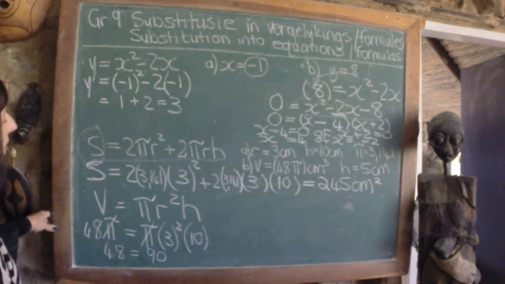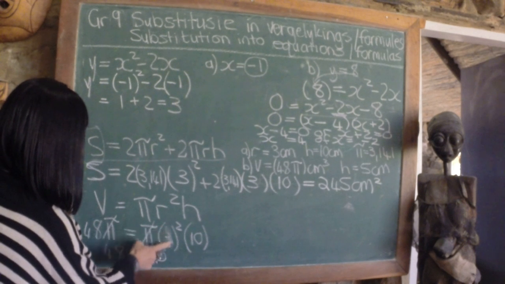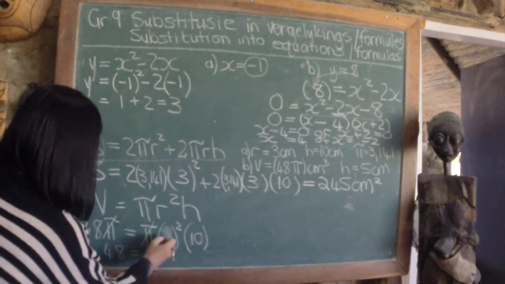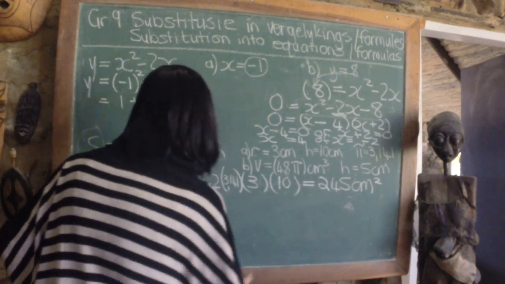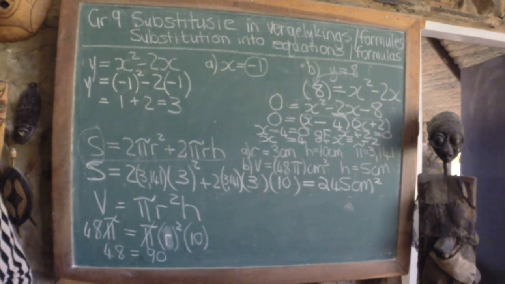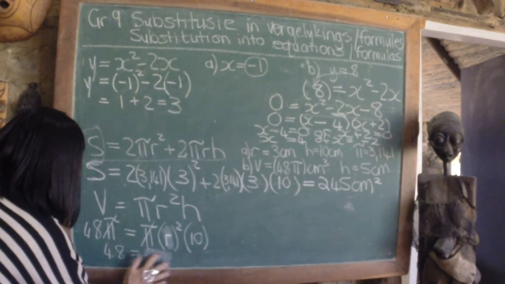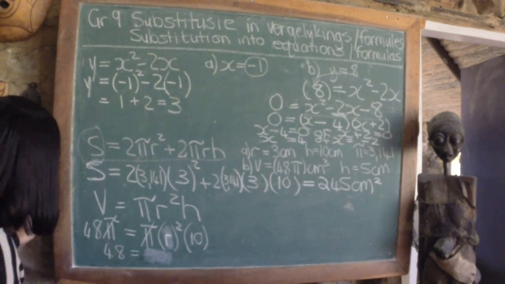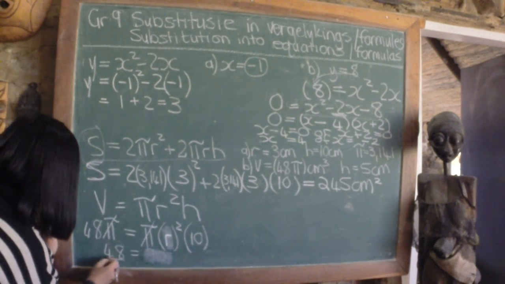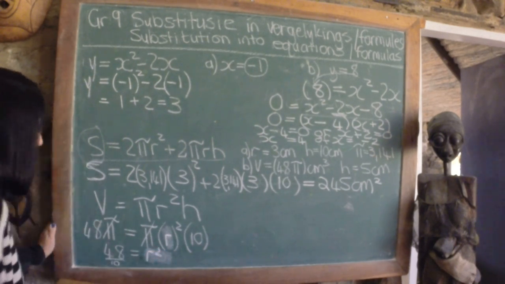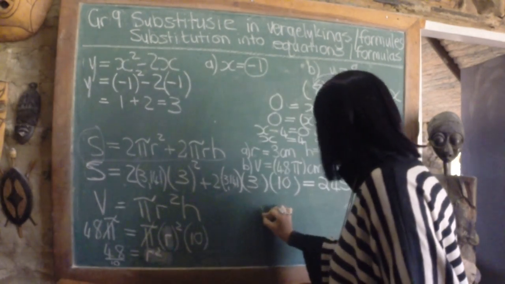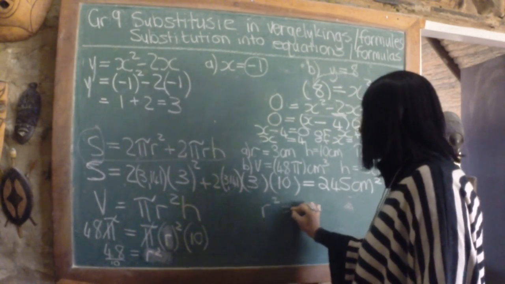They know they need the radius. Die radius is nie gegee nie. Die volume is gegee, net die volume is gegee in die hoogte. So they need the radius. So I've got 48 divided by 10 if I take it to this side en dit gee vir my r kwadraat. So r kwadraat is gelyk aan 4,8.